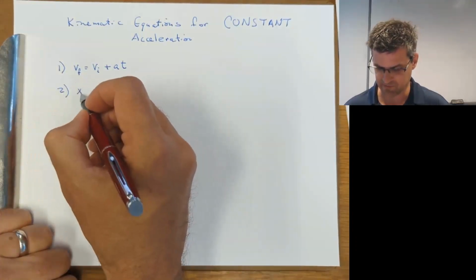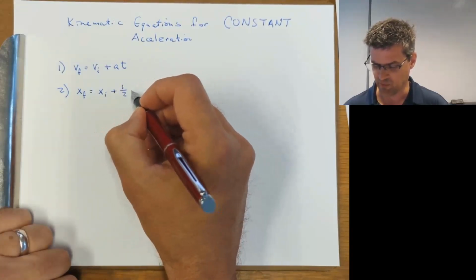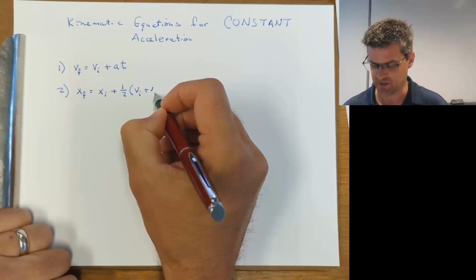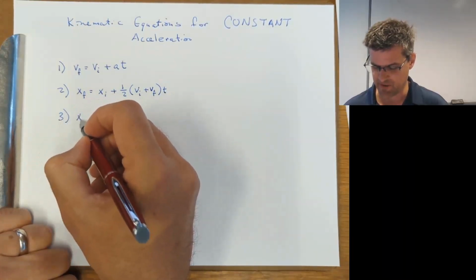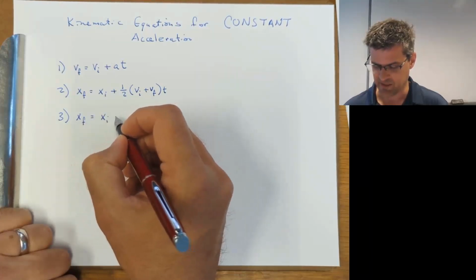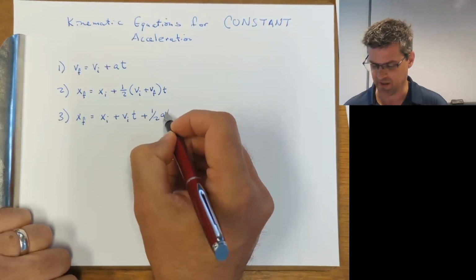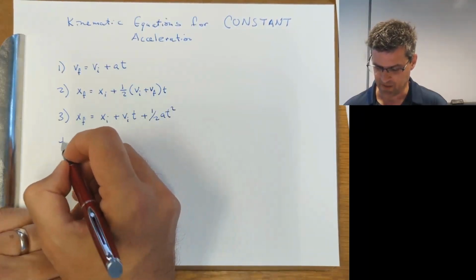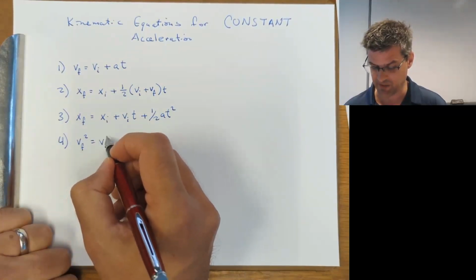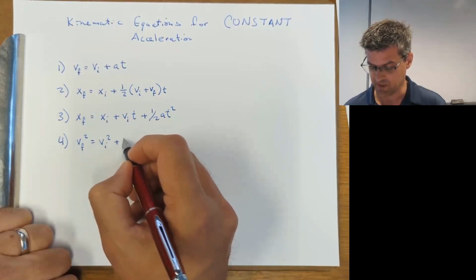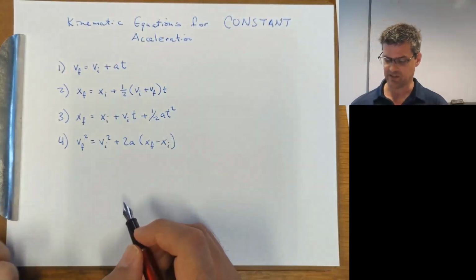The second one, x final equals x initial plus 1/2 (v initial plus v final) t. The third is x final equals x initial plus v initial t plus 1/2 a t squared. And the final, v final squared is equal to v initial squared plus 2a times (x final minus x initial).